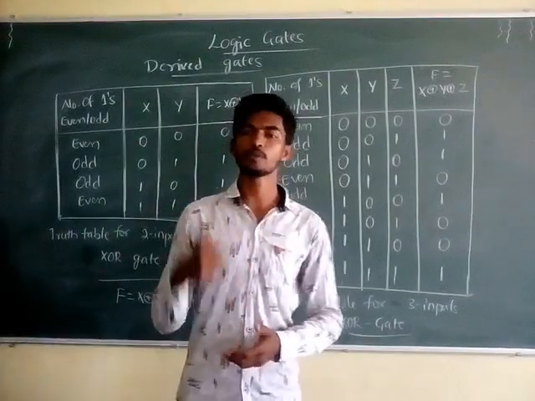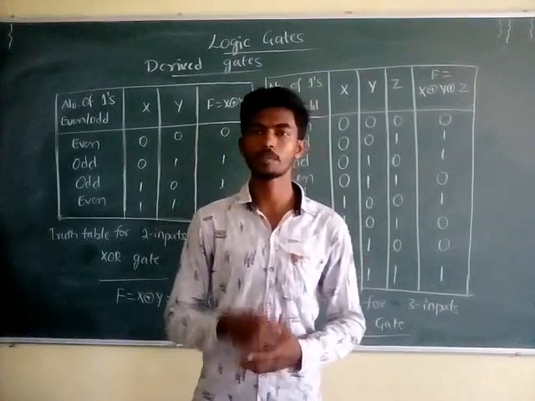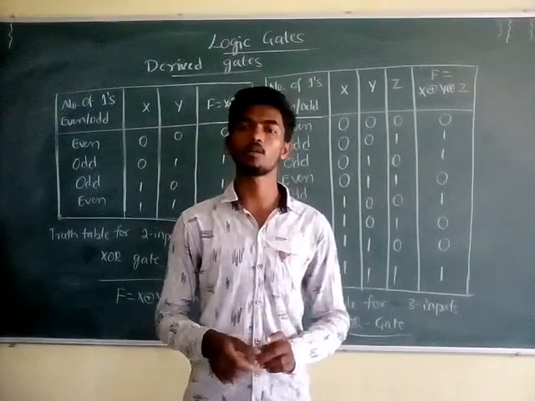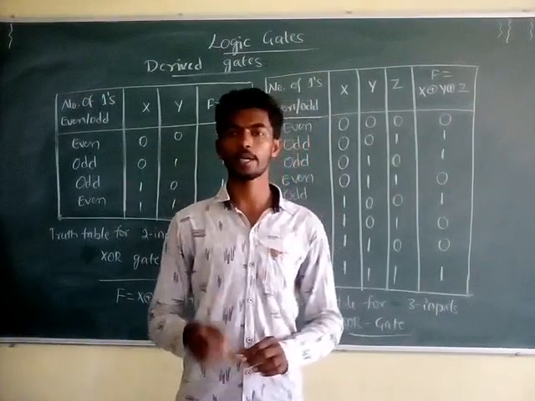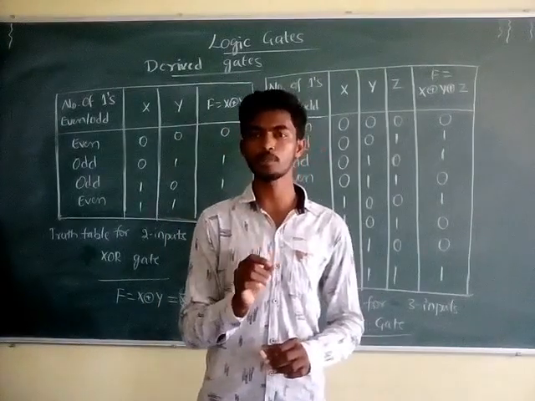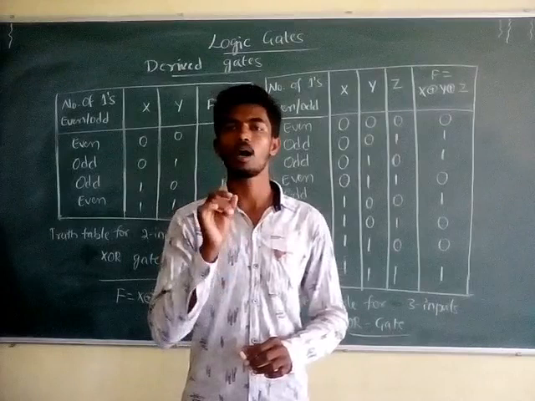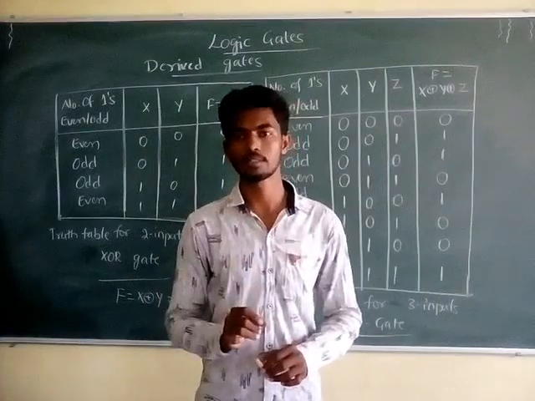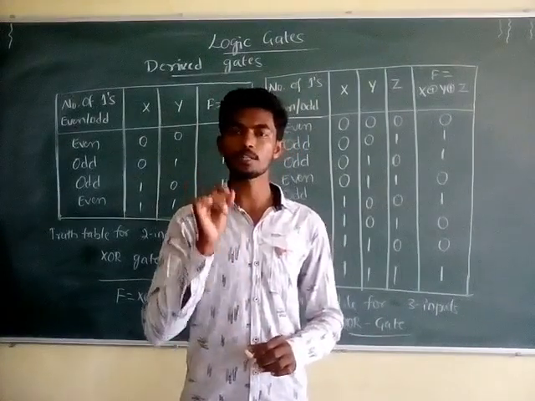Before explaining the XOR gate, you have to remember one keynote about it. For any number of inputs, the XOR gate works on the number of ones in a combination of inputs.